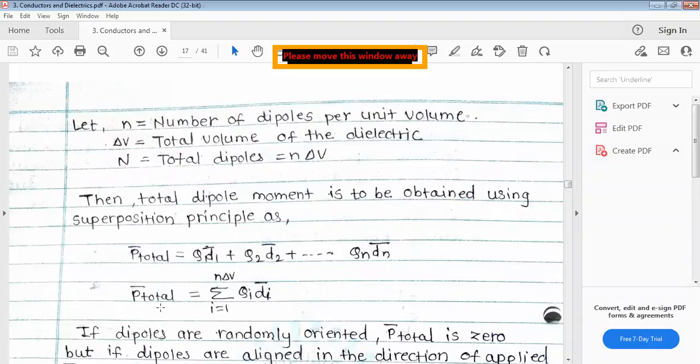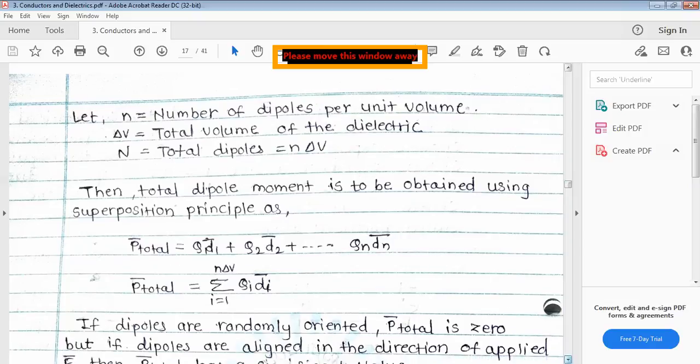So P bar total is equal to the summation from i equal to 1 to n into delta V of Qi into Di bar. You have to take the summation, and the limit will be from 1 to n into delta V, which is nothing but the total number of dipoles.